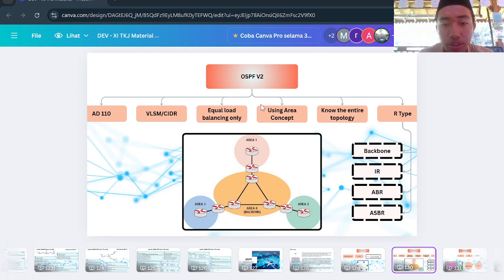An internal router has all interfaces in the same area. If area 3 is like this, we call it an internal router because it is still in one area.